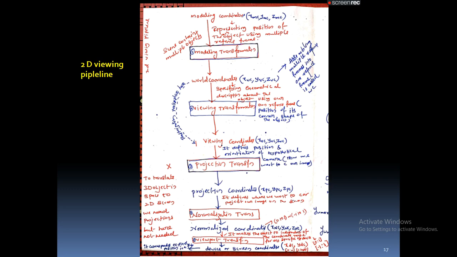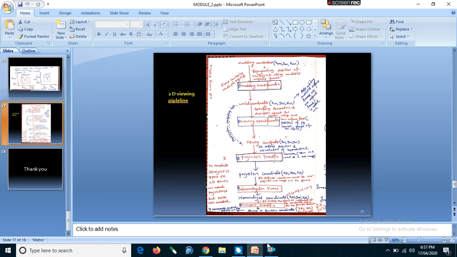And I have clearly written the meaning of modeling coordinates, or modeling. Modeling is nothing but representing the position of the object using multiple reference frames. Means we are assuming our image contains multiple objects.